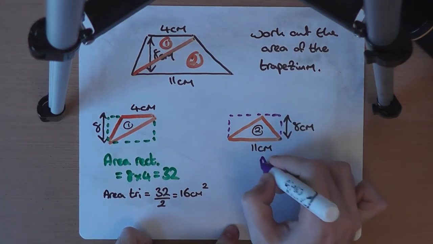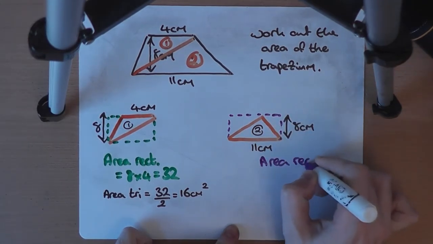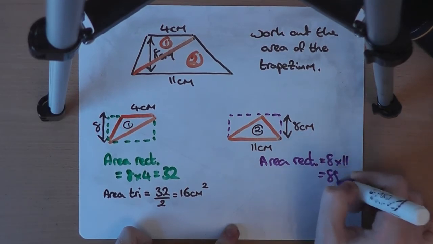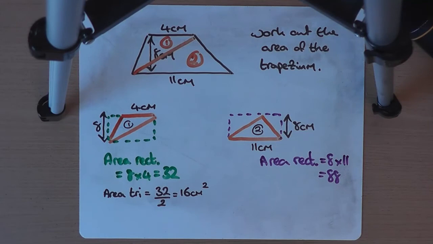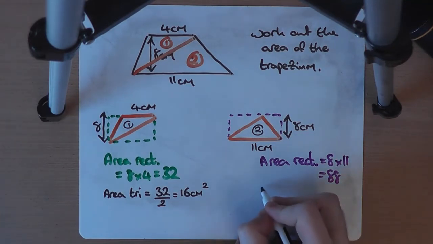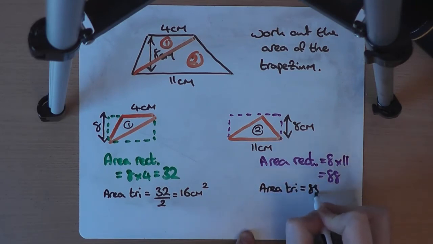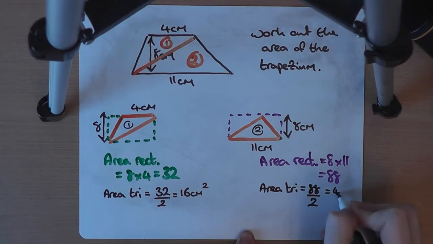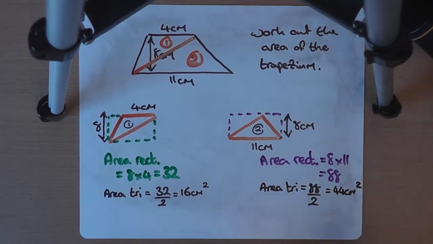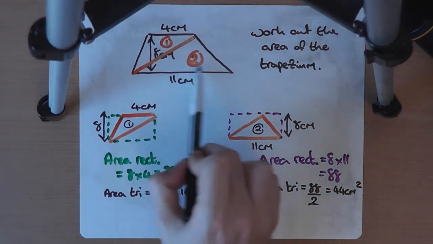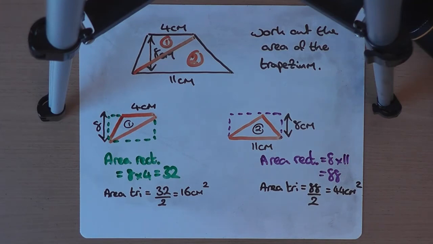The area of the rectangle, 8 by 11 is 88 centimetres squared. And the area of the triangle, half of that. 88 divided by 2 is 44 centimetres squared. So I know now that there are 16 centimetres squared worth of area in triangle 1, 44 centimetres squared worth of area in triangle 2.